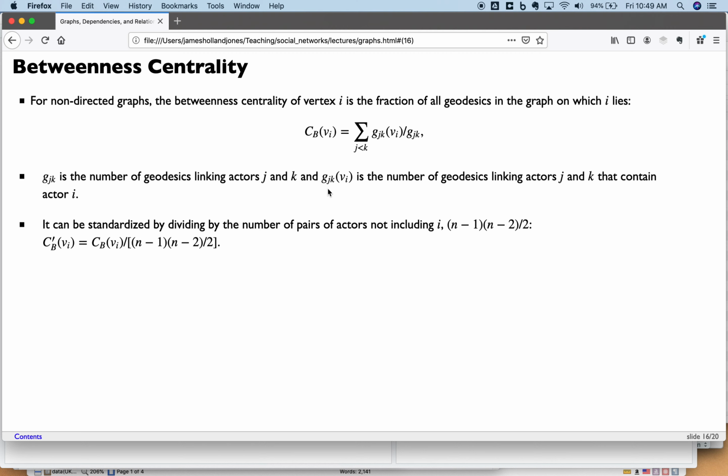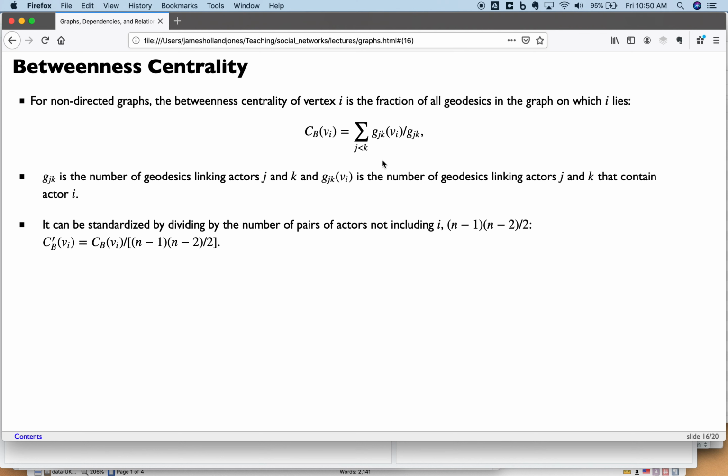And g_jk(v_i) is the number of geodesics linking actors j and k that contain actor i. So that's our numerator, and then we divide by the sum of all the geodesics, and we sum across all j less than k. That's our betweenness centrality.